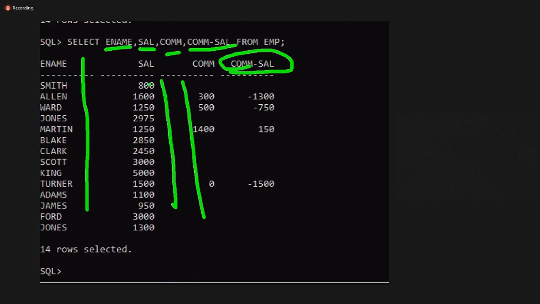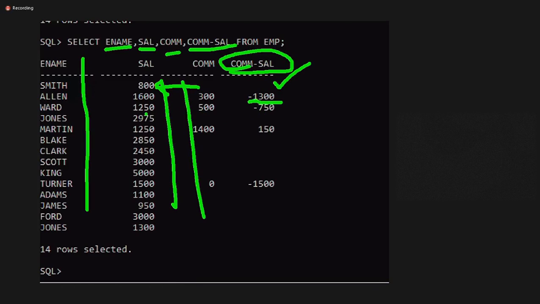Here, carefully observe. Null minus 800 is equal to null. Because remember in yesterday's session, if any arithmetic operator performs some operation with null, it again returns null only. So here null minus 800 is again null. And 300 minus 1600 is minus 1300, a negative value.